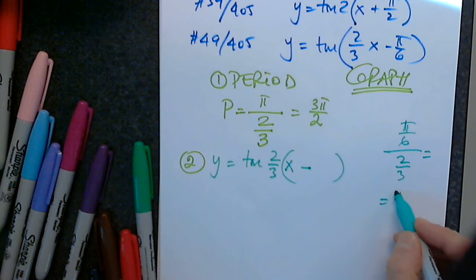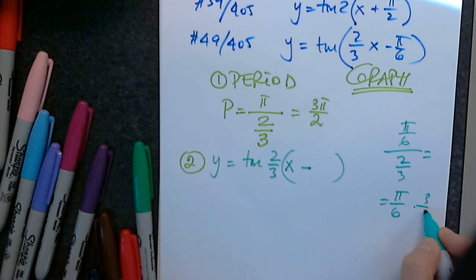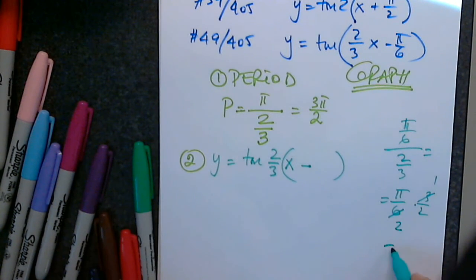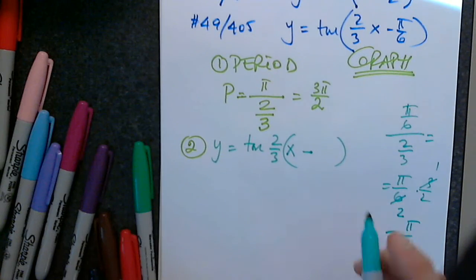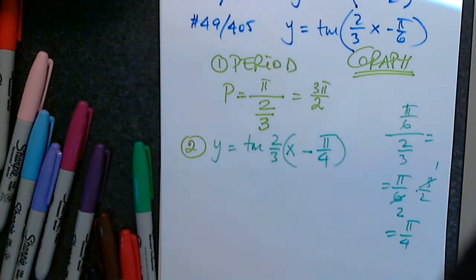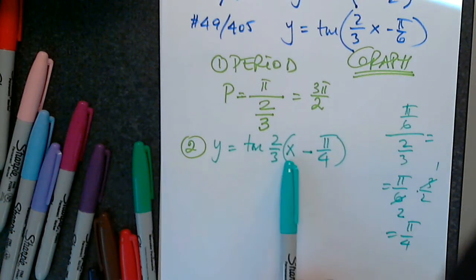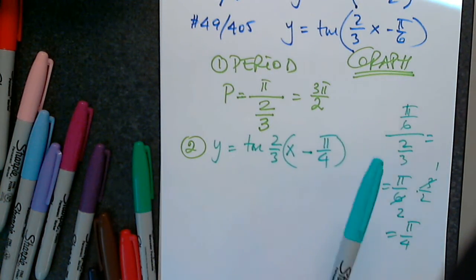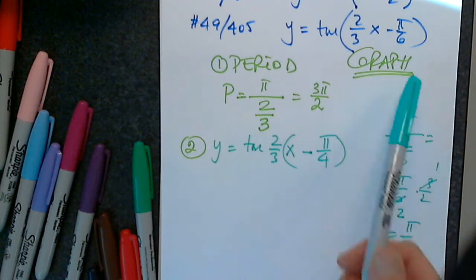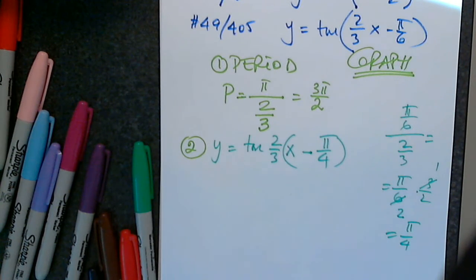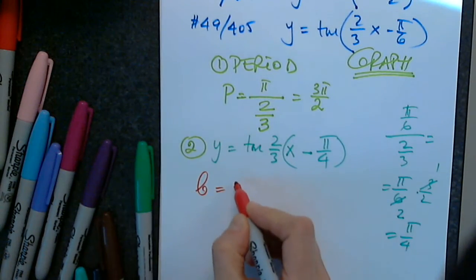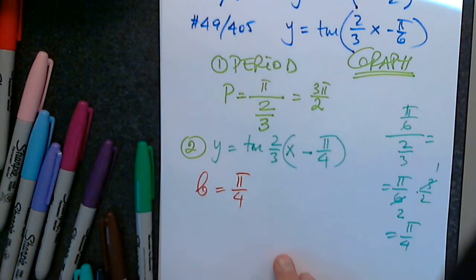I have to flip the denominator, and I will simplify, and it is indeed pi over 4. You can always take a moment and verify. 2/3 times x is 2/3 x. 2/3 times negative pi over 4, is that pi over 6? Correct. So now I'm able to identify the phase shift. The phase shift is pi over 4, and it's to the right.